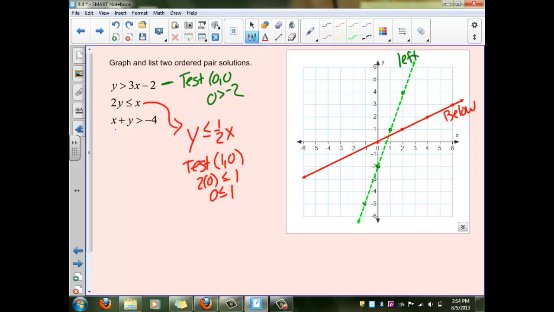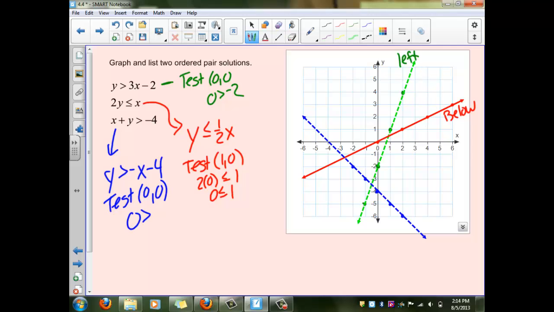And then this last one, if we test 0, 0, we'll have 0 greater than negative 4, which is true.